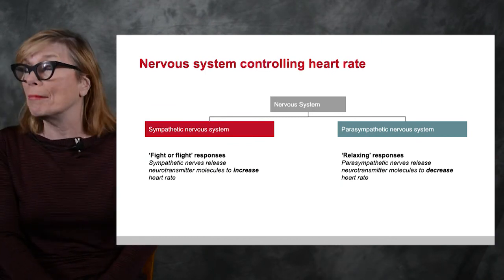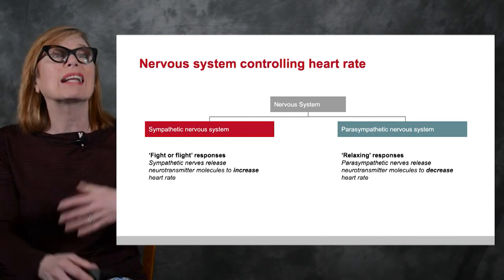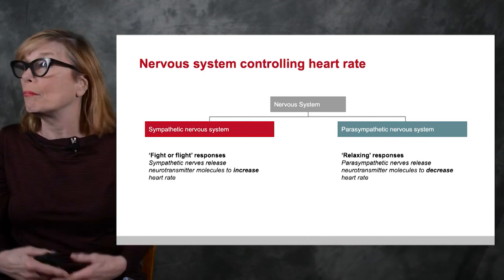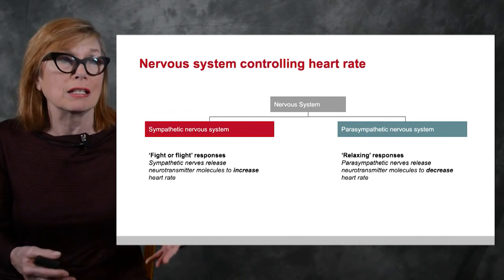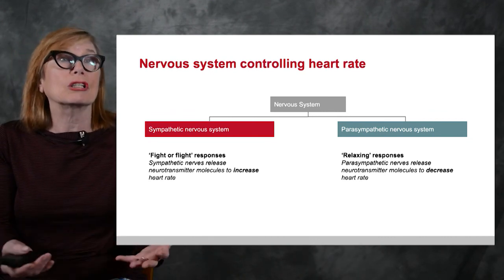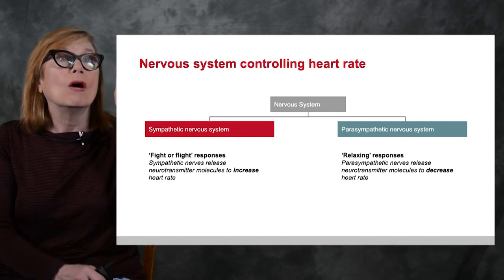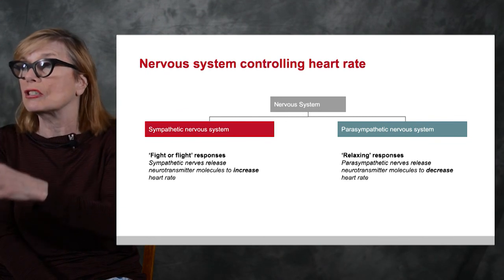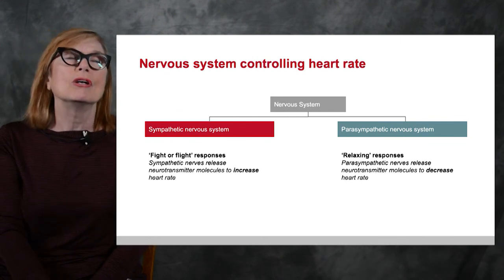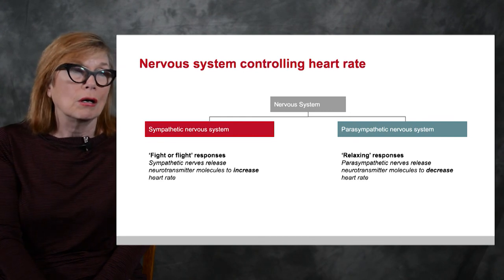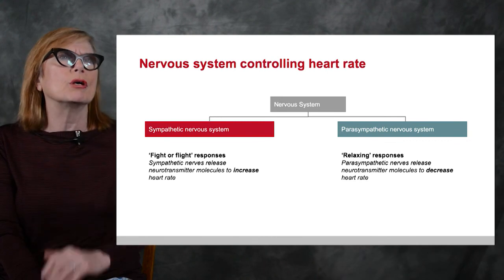So we always want to remind ourselves about our nervous system controlling the heart rate, right? So we think about the sympathetic nervous system, which most of the time is actually understood as the fight or flight system, that it actually increases heart rate, increases contractility when we have stimulus to the sympathetic nervous system and, by the way, responsive neurotransmitters. Okay, now what are neurotransmitters? They're catecholamines that have moved into place.